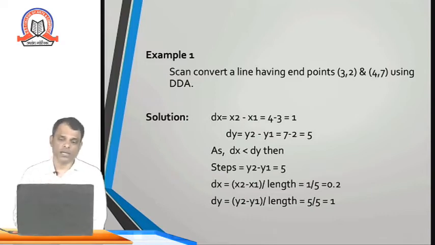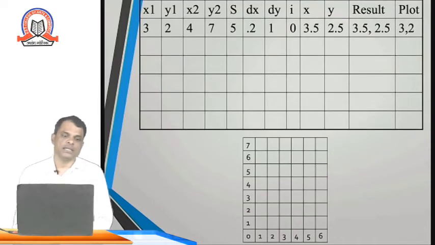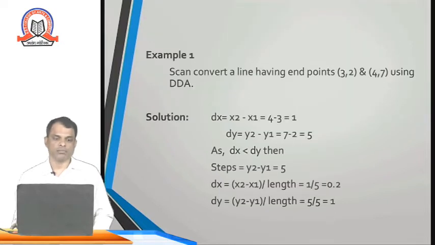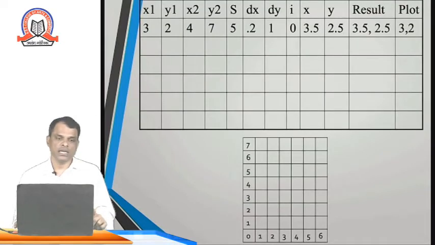Now let's see the same thing with the example. You can easily see it is the same example. The start point is 3 2 and the end point is 4 7. So my x1 is 3 and y1 is 2, x2 is 4 and y2 is 7.